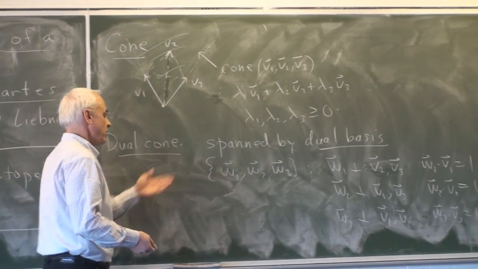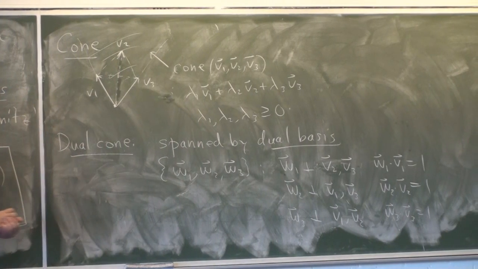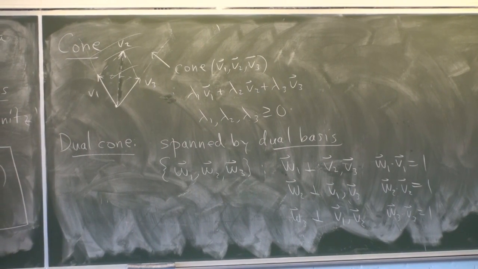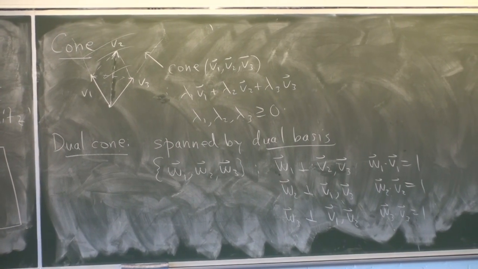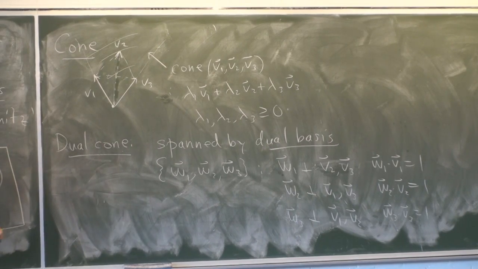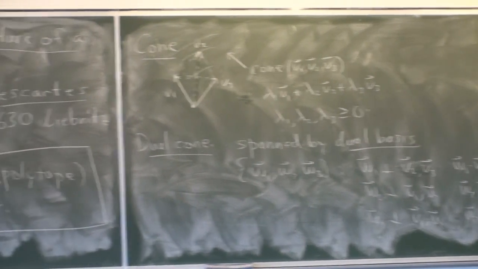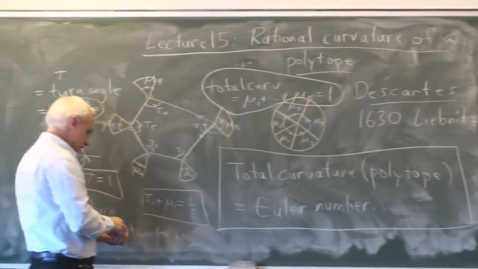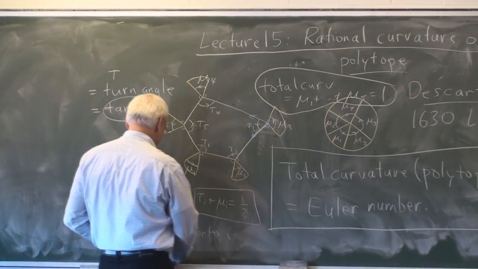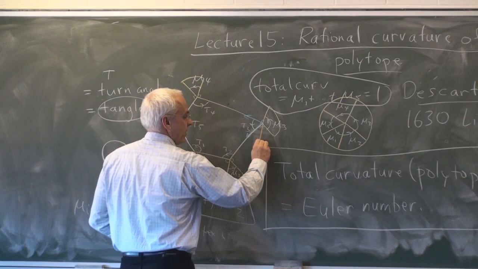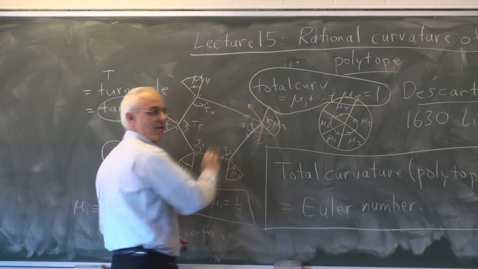Okay, and then the dual cone is the cone that's spanned by this dual basis. Now actually for us, we want something a little bit different, because if I go back to the situation over here, if we looked at a vertex here and asked what's the dual basis here, if we chose vectors like this initially, then the dual basis over here would be in this direction and in this direction.